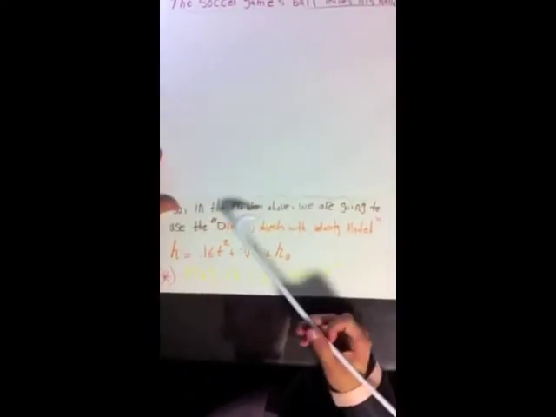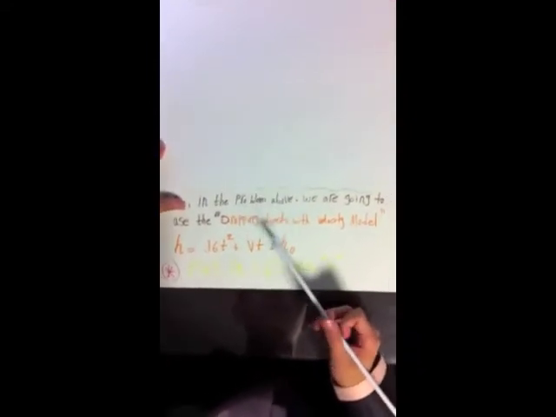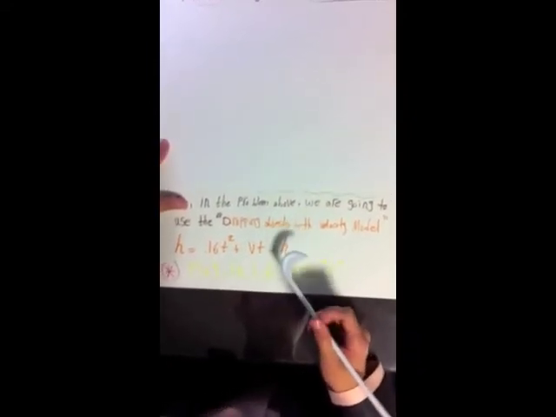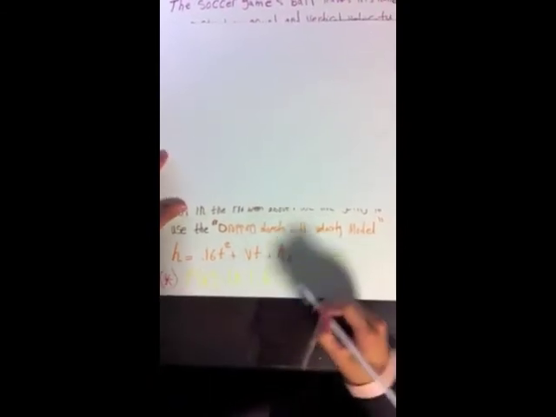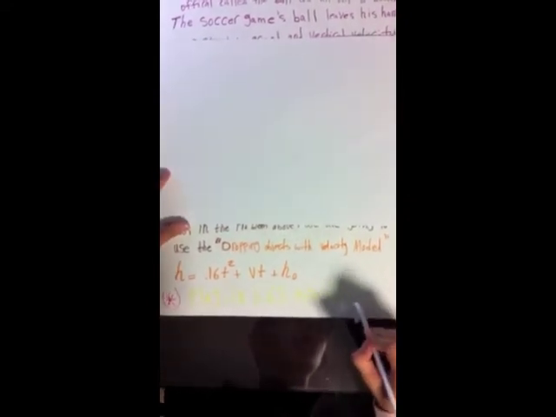So in the problem above, we are going to use the dropped objects with velocity model. As it's shown here, h equals -16t squared plus vt plus h0. We are going to plug the 1.63 into t to find out how we got the velocity, which is in feet per second.